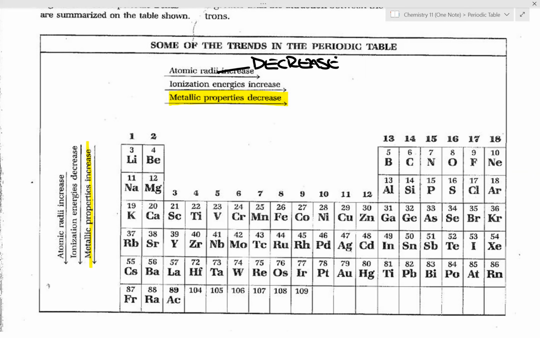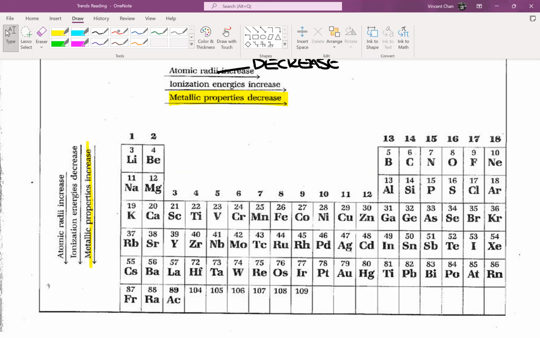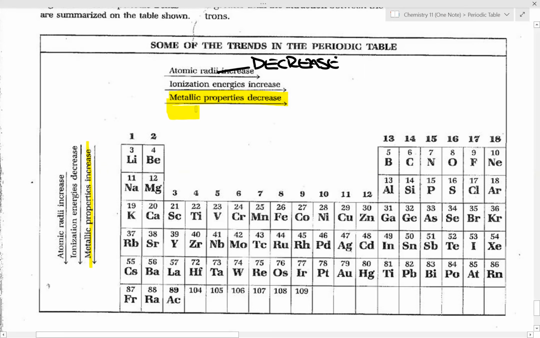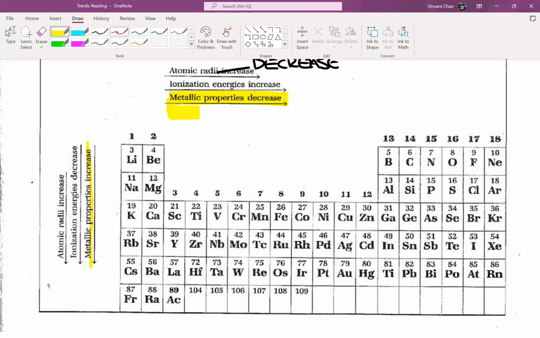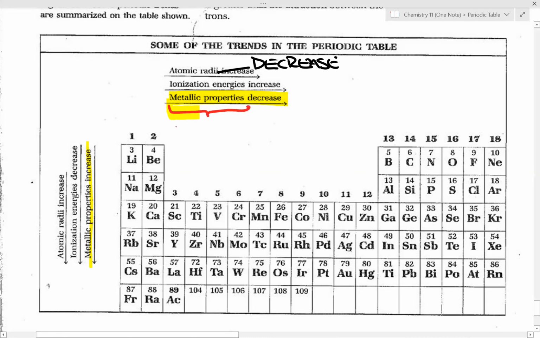Why do you think the metallic properties, or the ability to give up electrons, let me write that down here: ability to give up electrons.